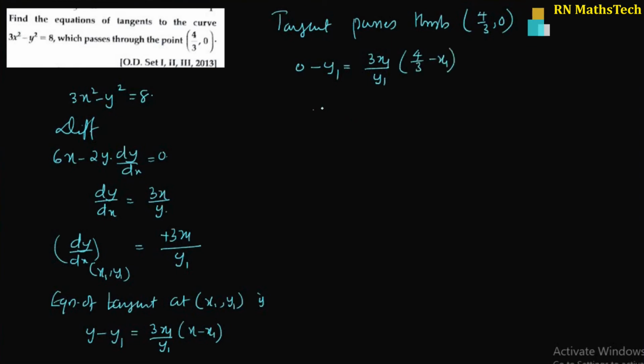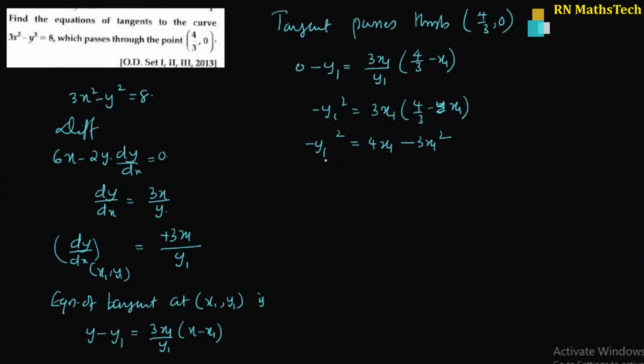That is minus y1 square equal to 3x1 into 4 by 3 minus x1, that is minus y1 square equal to 4x1 minus 3x1 square.